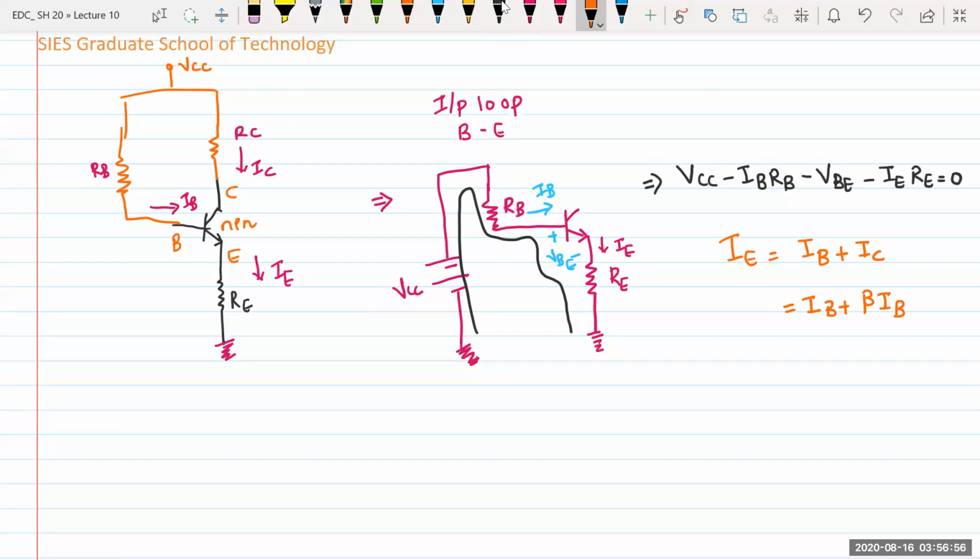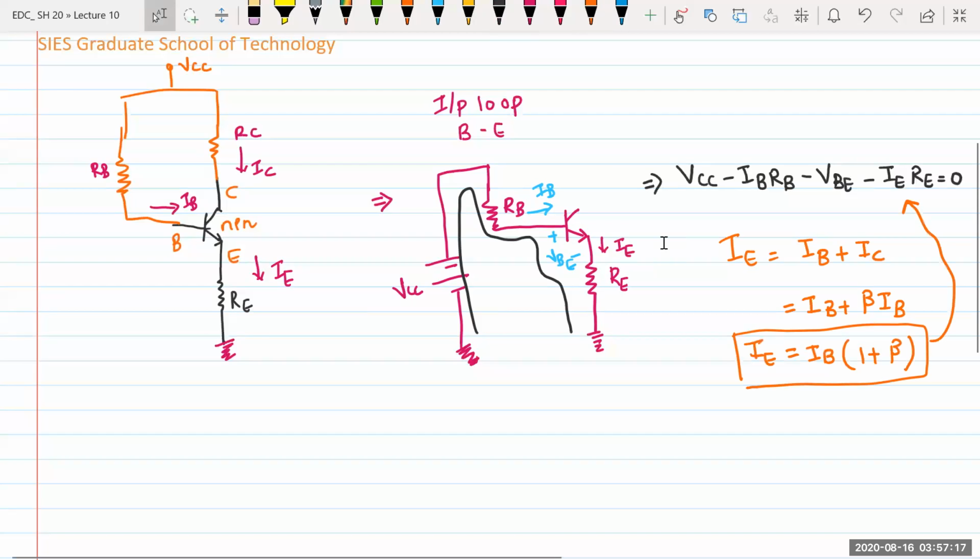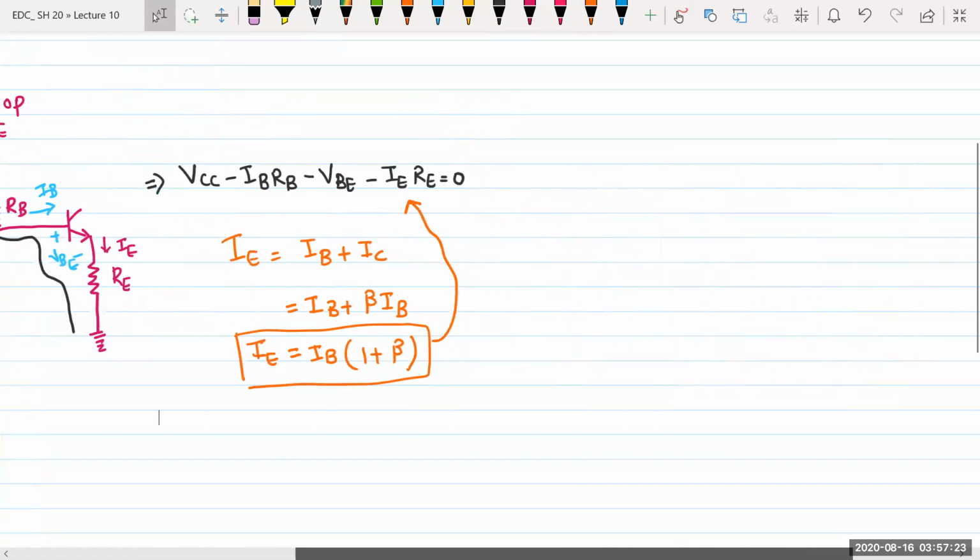So my IE is equal to 1 plus beta multiplied by IB. This value of IE I am going to substitute over here in the input loop.